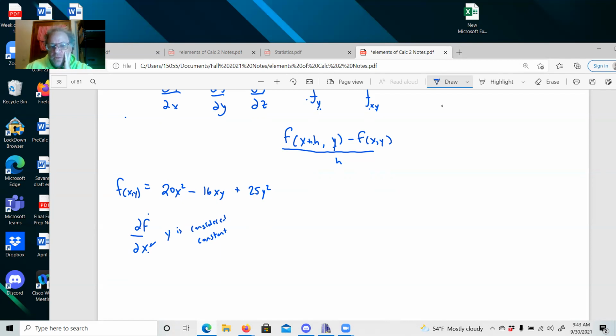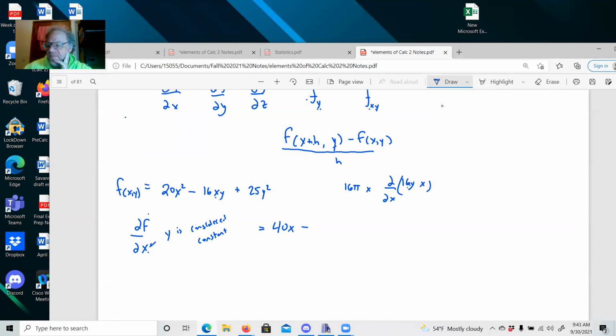So what is the partial derivative with respect to x of 20x squared? That's going to be 40x. All right, minus. Well, the x is the variable, so it's pretty much the idea of, what if I had 16 pi x? I want to take that derivative. We're just going to have 16 pi here. Okay, so in this case, I have 16y times x, take this derivative.